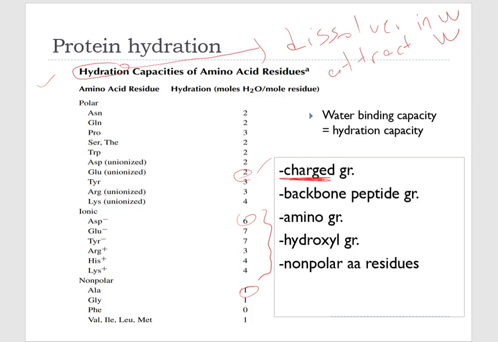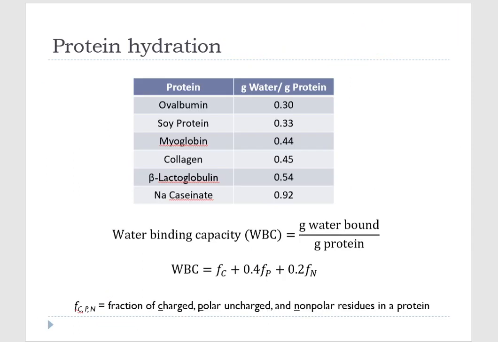So why is this hydration important? Let's see. So firstly, how do we define the hydration? The water binding capacity of protein is defined as grams of water bound per gram of protein. It can be calculated from its amino acid composition using this equation.